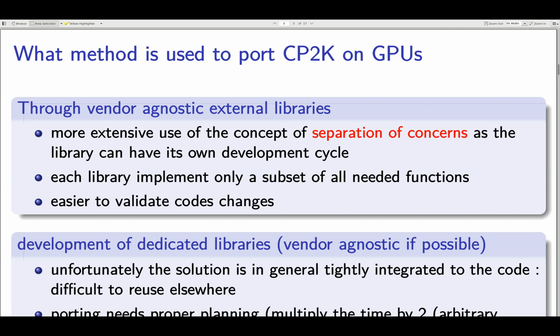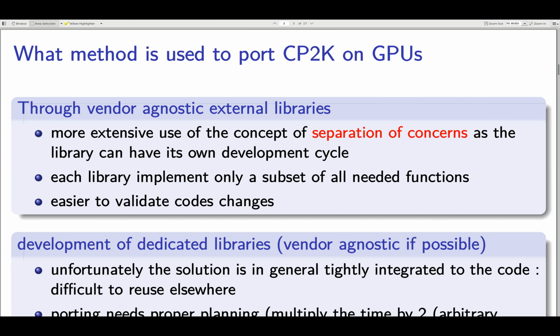Each library we develop or work on tries to implement only a small subset of all the functions that CP2K needs to have ported to GPU. One of the reasons we do that is that it's in general easier to validate the code changes and to add support for new hardware or even a new vendor.